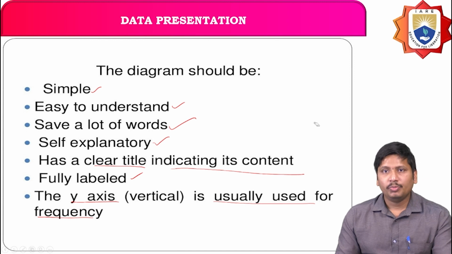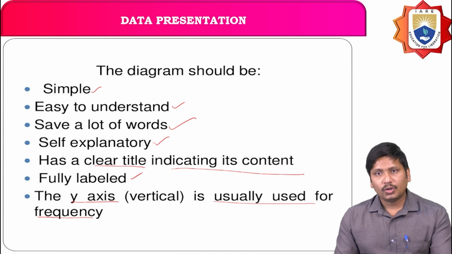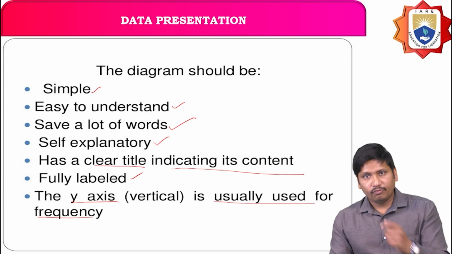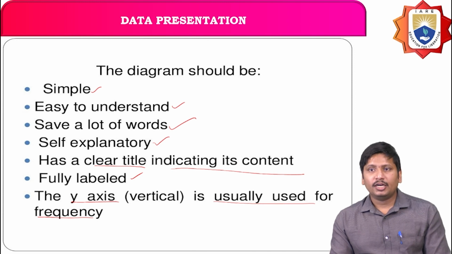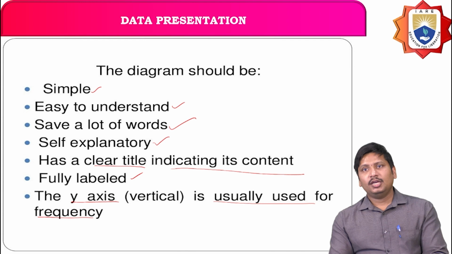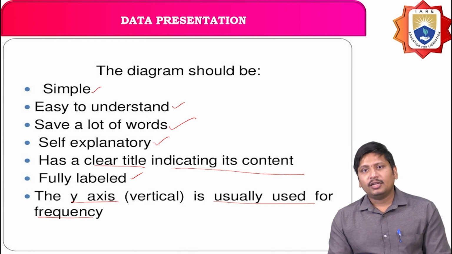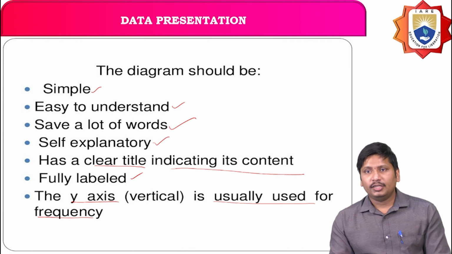So the diagrams should be simple and easy to understand, save a lot of words, and be self-explanatory, with a clear title indicating the content, fully labeled, and the y-axis usually used for presenting the frequency.